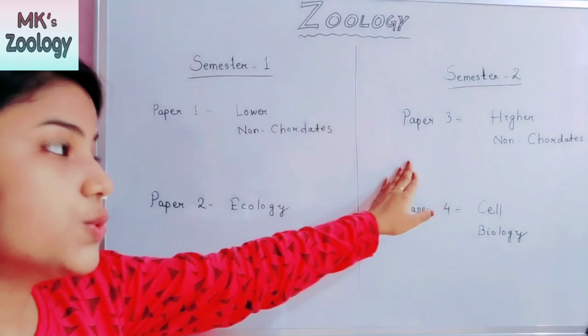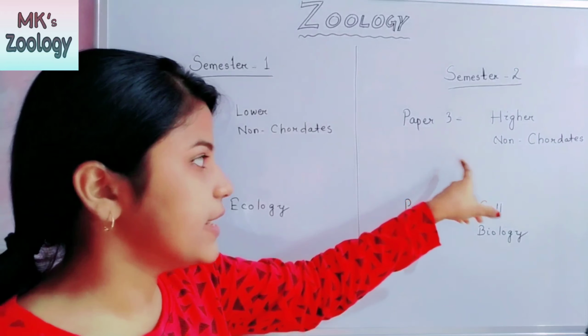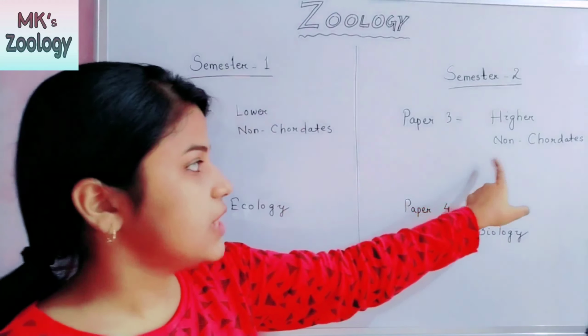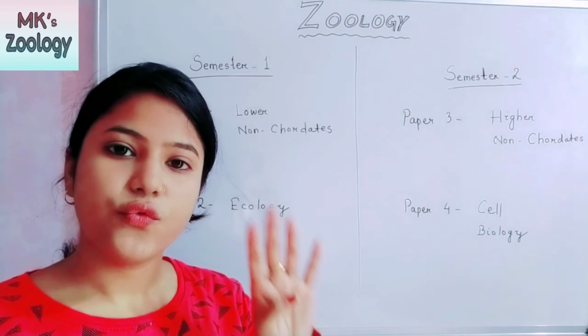So, in semester 2, there are two papers, paper 3 that is higher non-chordates and paper 4 that is cell biology. In paper 3, higher non-chordates, there are four phylums.